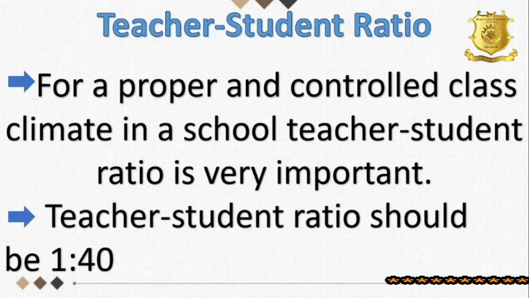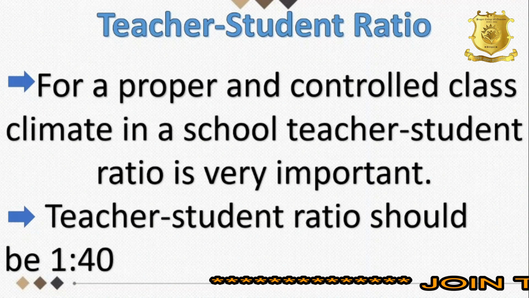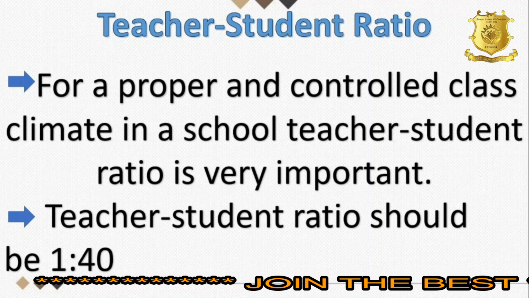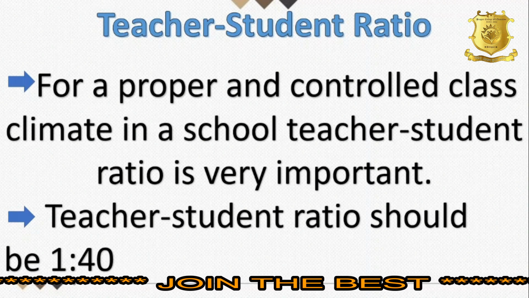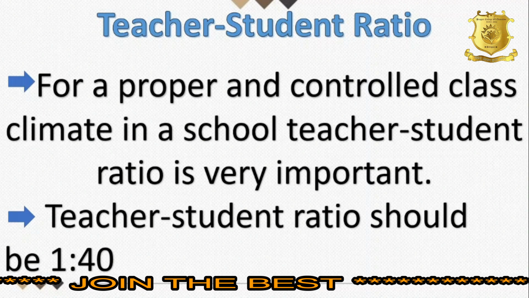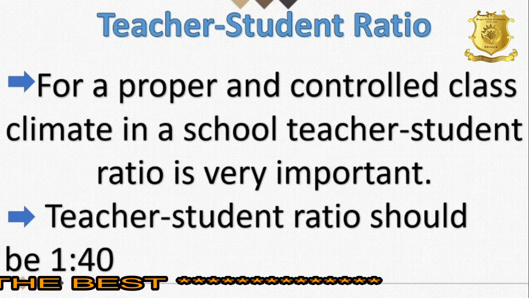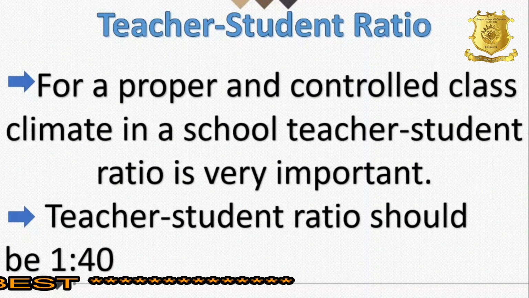But when we visit government schools, we see that one teacher has the responsibility of teaching approximately 80 or 100 students. If a teacher is teaching 80 or 100 students in the classroom, then effective teaching does not take place.